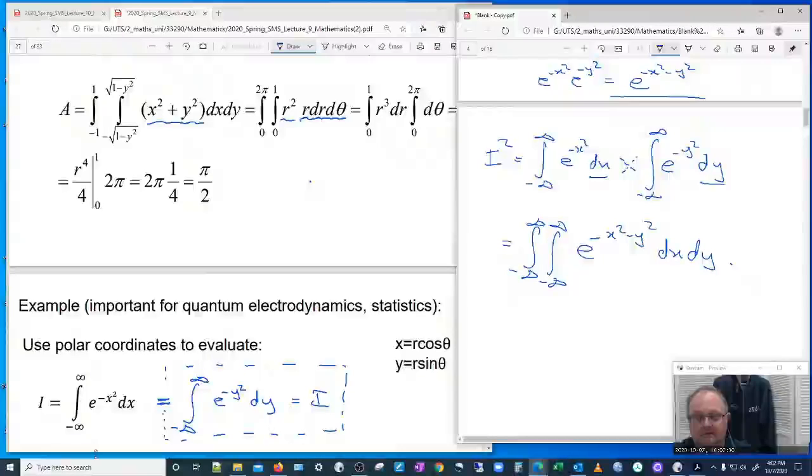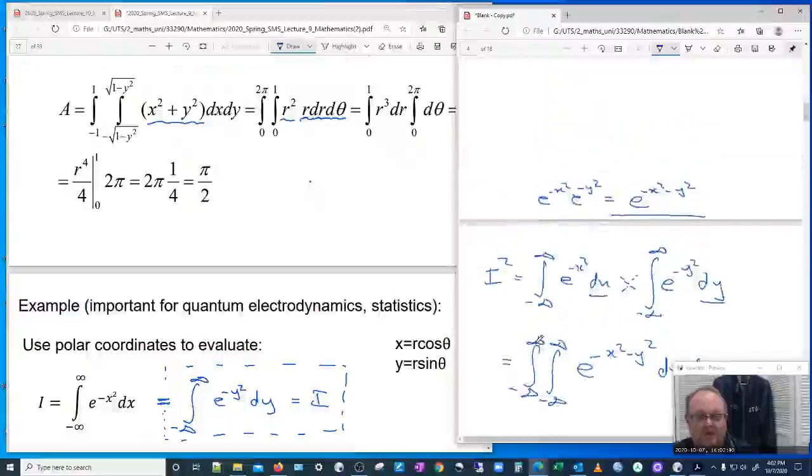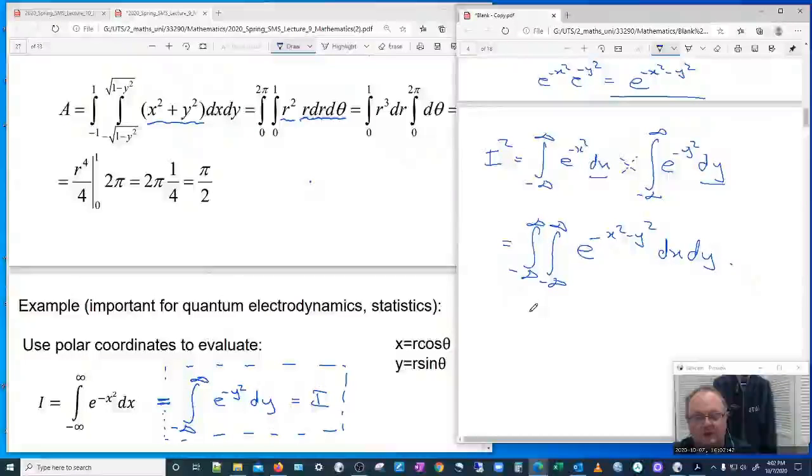Now it's not obvious why we're doing it, I get that in terms of experience, but we're using two integrals, a single integral and a double integral, to overcome the difficulty of dealing with this improper integration. Okay, so we're able now to make a transformation from our double integral in dx dy to our integral in r d theta.